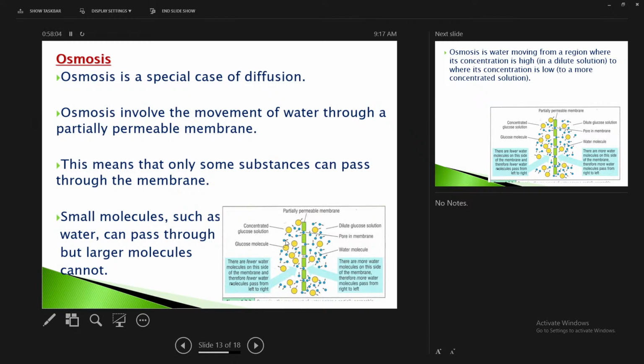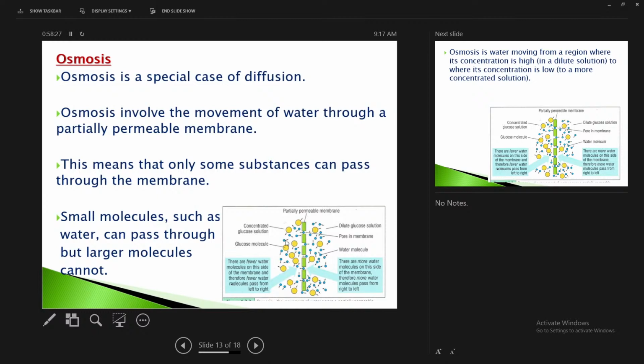And of course, if too much water enters the cell, the cell membrane can burst because of that high water pressure. The last point is small molecules such as water can pass through, but larger molecules cannot.